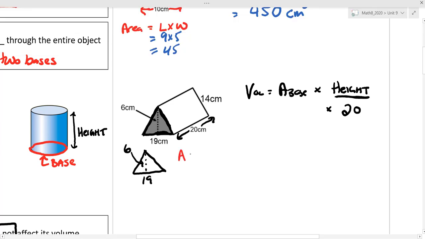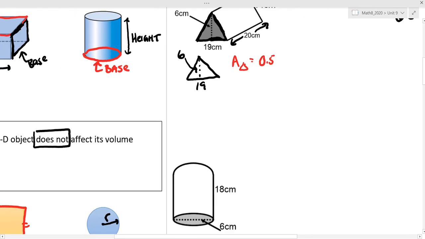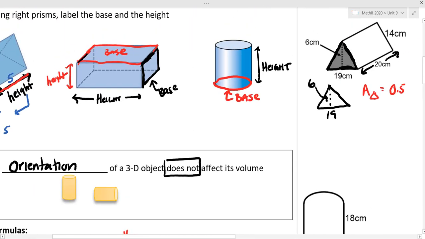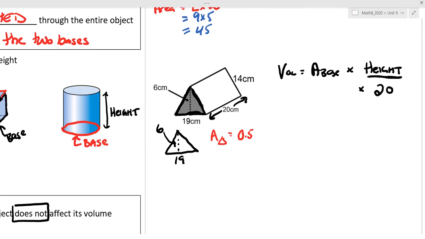So the area of a triangle is 0.5 times the base of your triangle times the height of your triangle. So what are those numbers? What's the base of the triangle and what's the height of the triangle? Base is 19. Yeah.